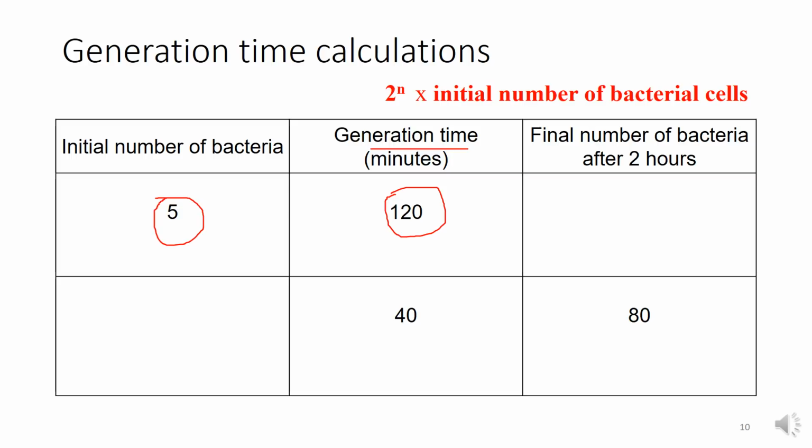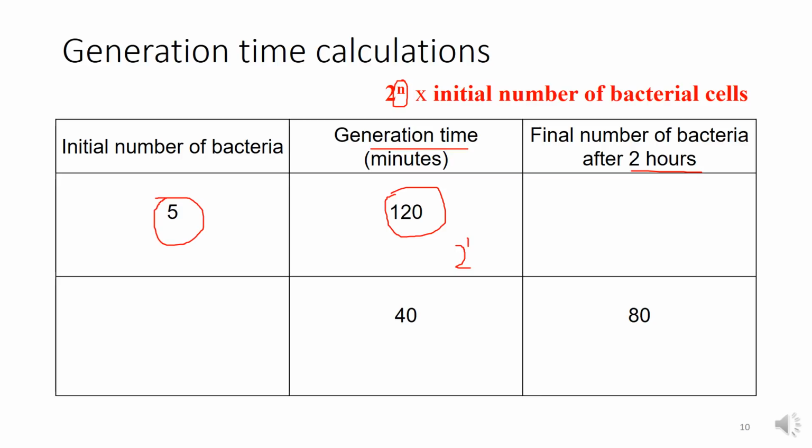So you need to find out what n is. How many generations are there? In 2 hours, how many minutes do you have? There are 120 minutes in 2 hours. So it's going to be 2 to the power 1, right? n is 1 because it takes 120 minutes to divide.